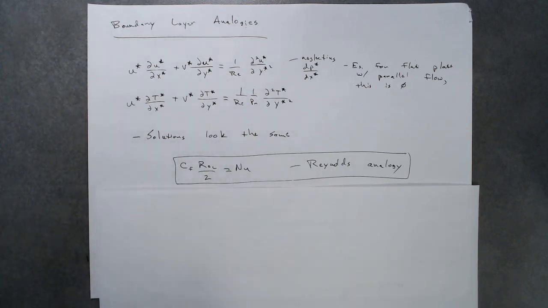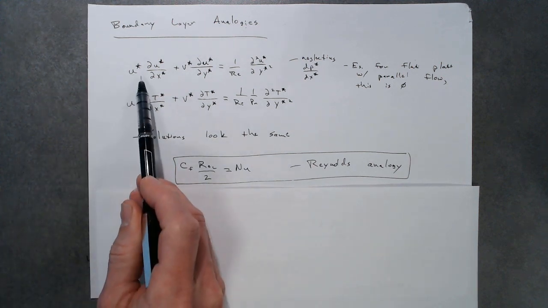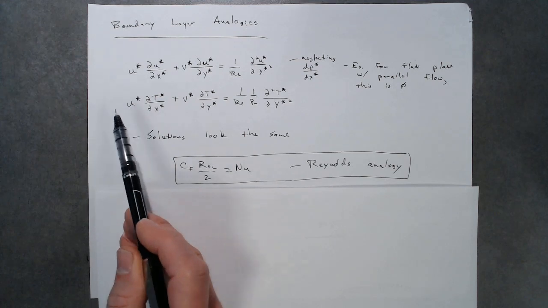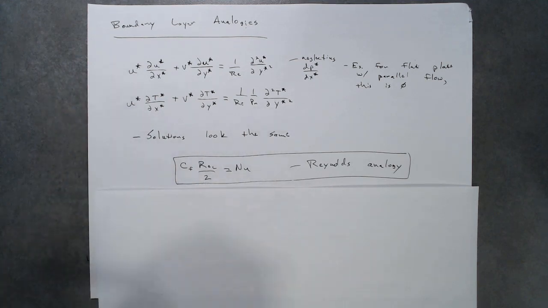And that further allows us to imply that there should be a relationship between the behavior of the transport at the surface for momentum and for heat. Again, we said nu, the kinematic viscosity, was talking about the diffusion of momentum, whereas the thermal diffusivity was the diffusion of heat.